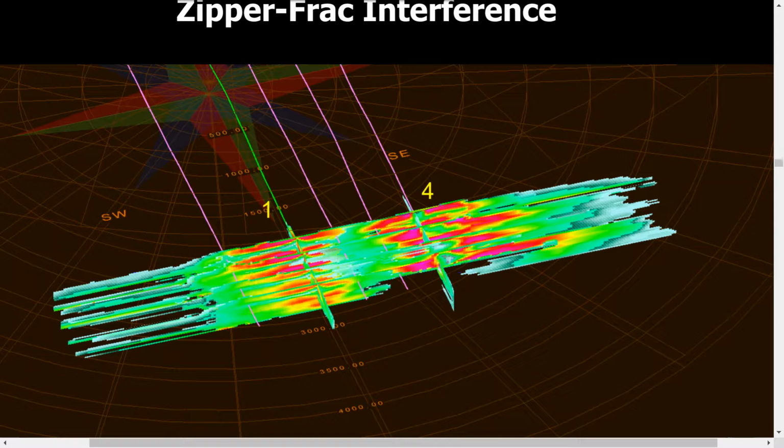And that's one assumption that all of these models make, which in reality may not be right. That's what we're going to discuss later on. But keep in mind that most of these hydraulic fracture simulators assume that.